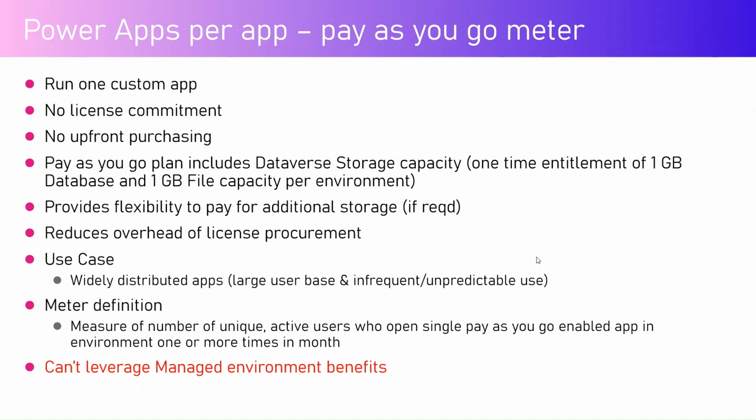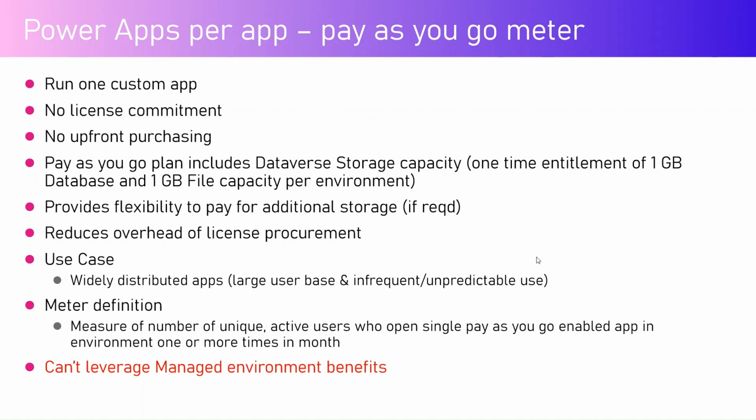The pay as you go plan basically includes database storage capacity. You get a one time entitlement of 1 gig database and 1 gig file capacity per environment. This provides the flexibility to pay for additional storage if required. So you can buy additional storage if required. It also reduces the overhead of license procurement.